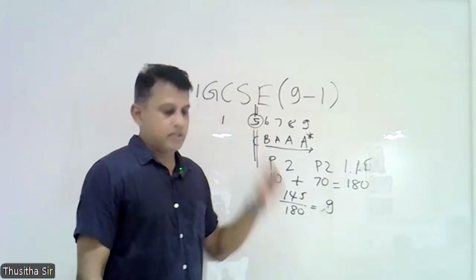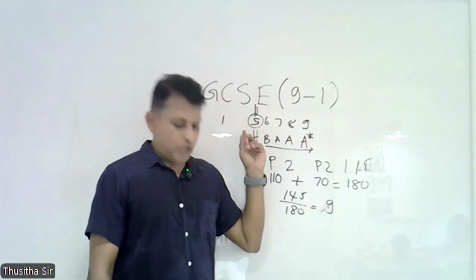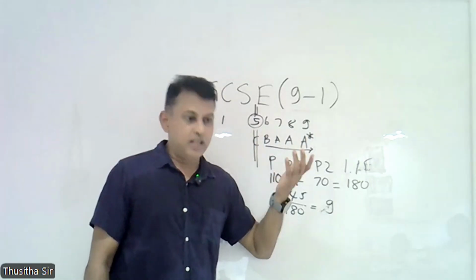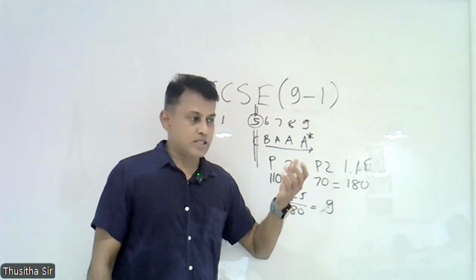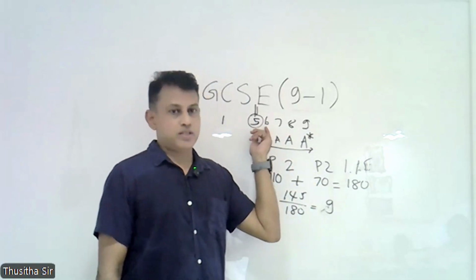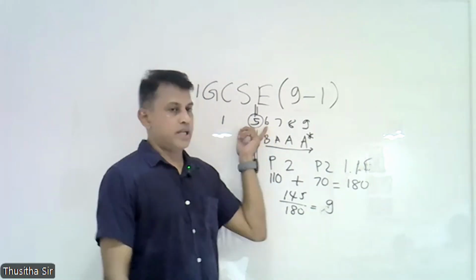At least, for example, I will tell you why we call it the minimum. If you want to continue science in A-level, the school will ask, do you have a band 5 for chemistry, physics, biology? If not, then you can't do chemistry, physics, biology in A-level.